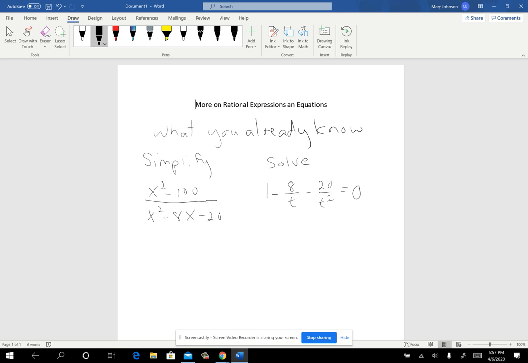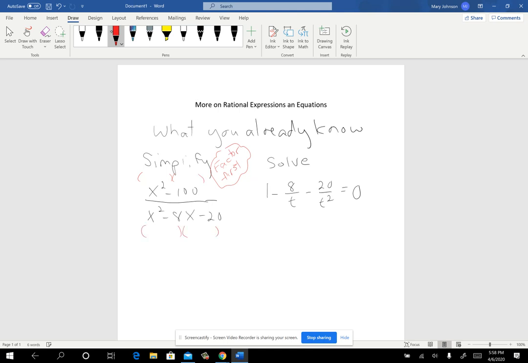And what I wanted to remind you about is that when you're simplifying rational expressions, don't forget that you need to factor first. Factor first. And so this problem right here, the simplifying problem, that was actually on the second test you had in this class.